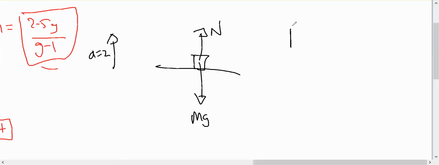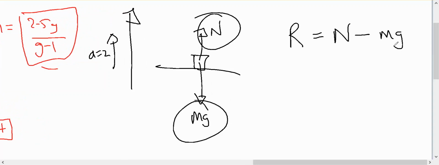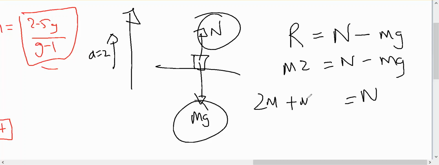So my resultant force in the direction of motion, which is up, will be anything in the direction, which is N, minus anything in the opposite direction, which is mg. So m times 2 equals N minus mg. N is going to equal 2m plus mg, where this is m.